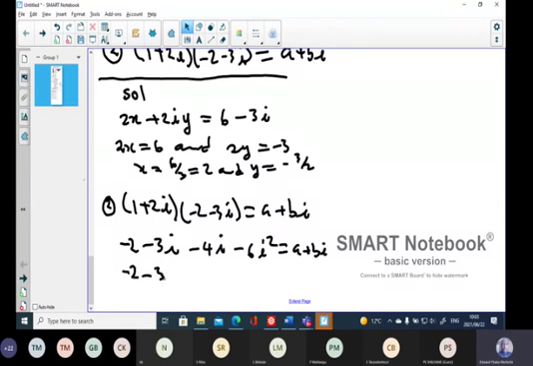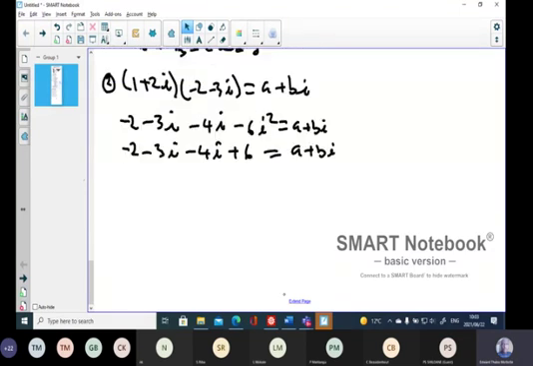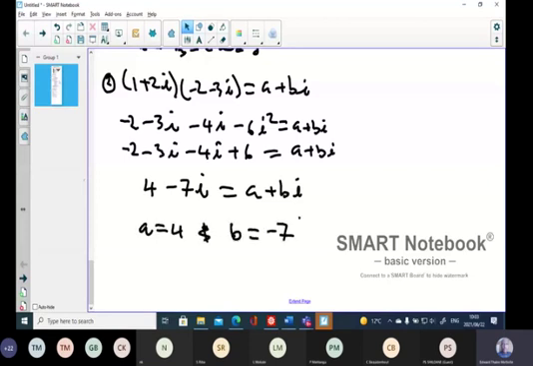At this point, I think you can see what's going on. Now, the real part, we have 8 minus 7i equals a plus bi. From here, we equate the real part: a equals 8, and we equate the imaginary part: b equals minus 7.